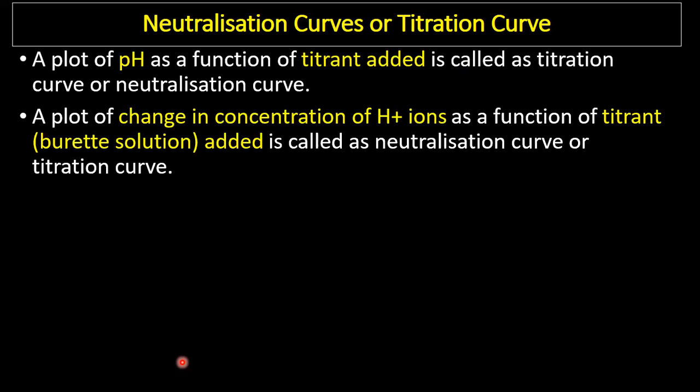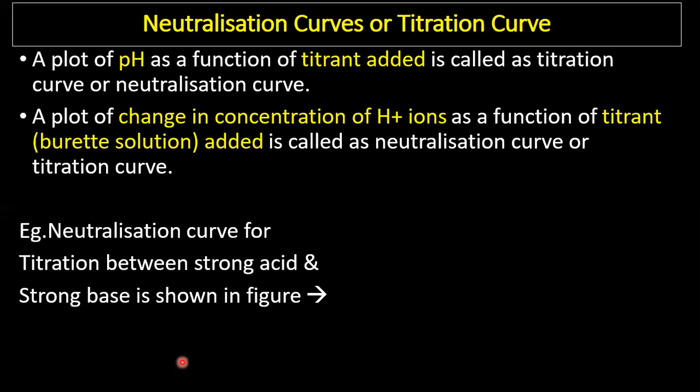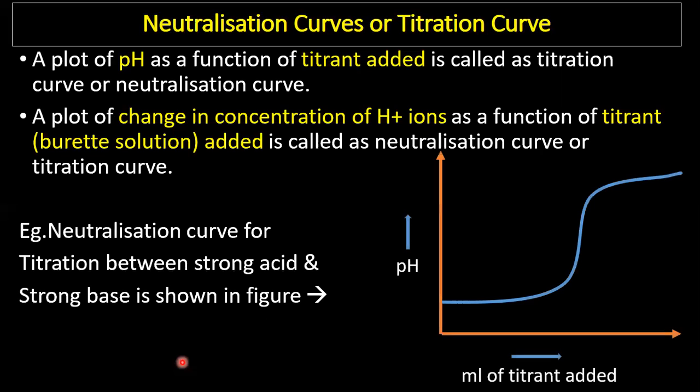Second definition: it can be defined as a plot of change in concentration of H plus ions as a function of titrant, meaning burette solution added, called a neutralization curve or titration curve. For example, the neutralization curve for titration between strong acid and strong base is shown in this figure.